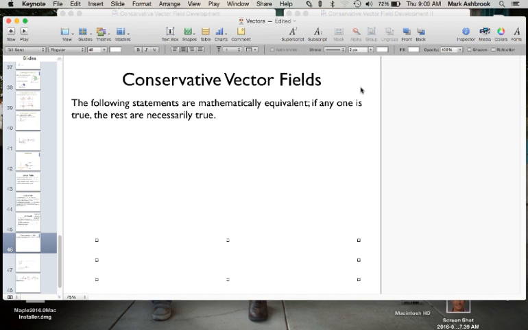Conservative vector field? No, right? And let's check it with the Clairaut's theorem. So this vector field is (sin y, 1). So what do we do for Clairaut's theorem? We look at this one. If this were a conservative vector field, this would be a partial with respect to x.